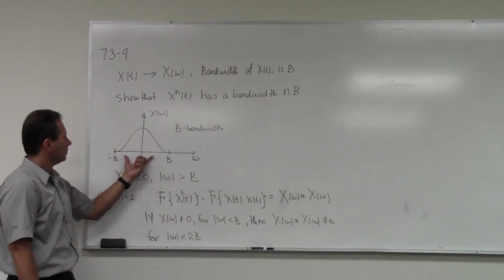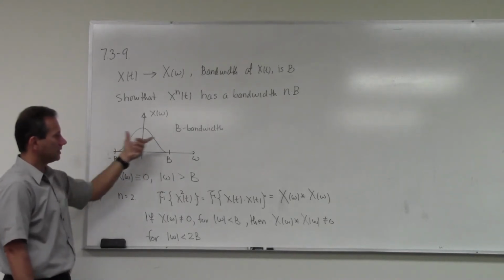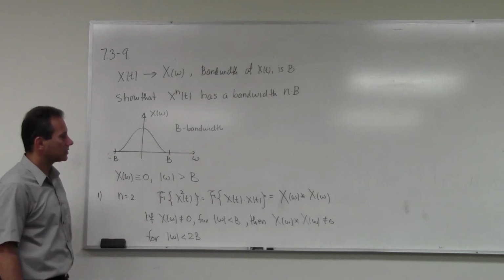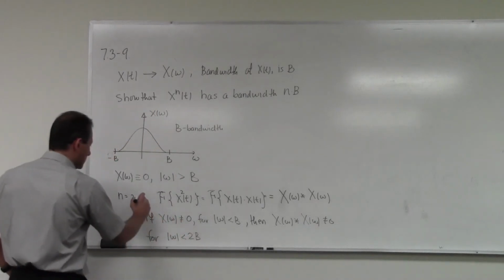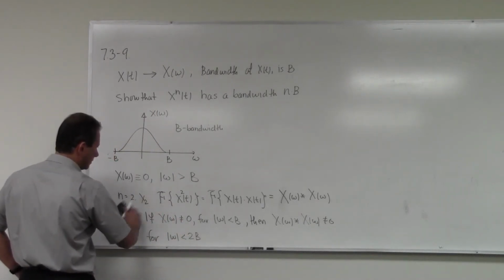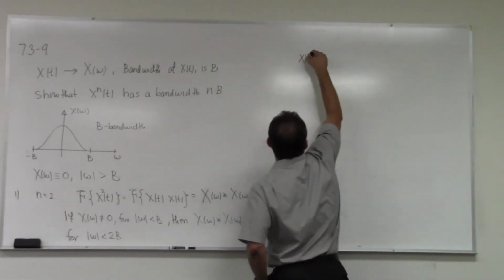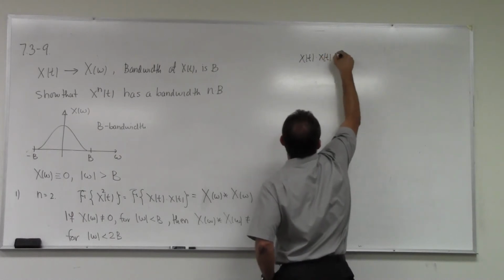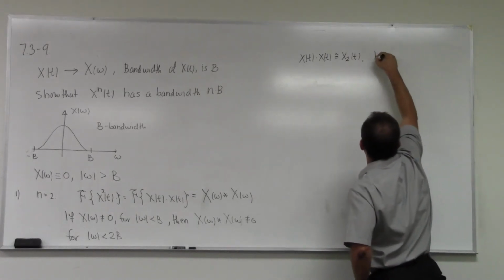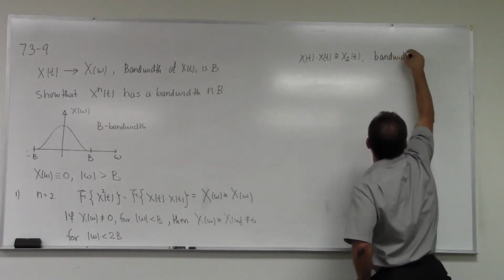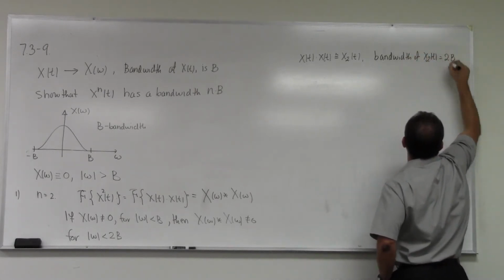Because if I take the convolution that has the duration of 2b and I convolve it with itself, I'm going to get a signal that has twice the, so to speak, duration in the frequency domain. So let me call the signal x of t times x of t, define this to be x2 of t. And we saw that the bandwidth of x2 of t is going to be equal to 2b.